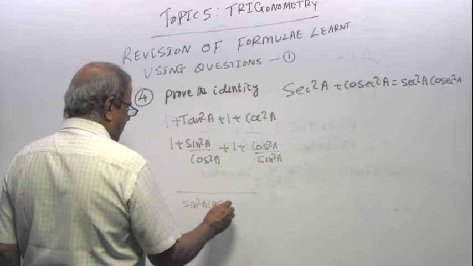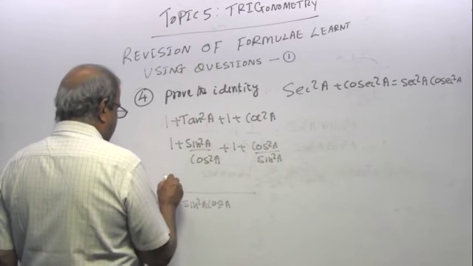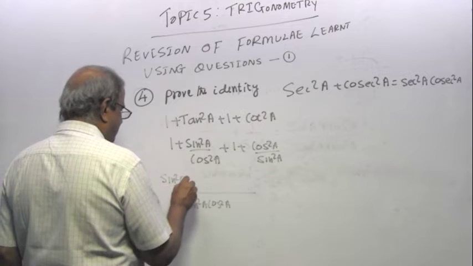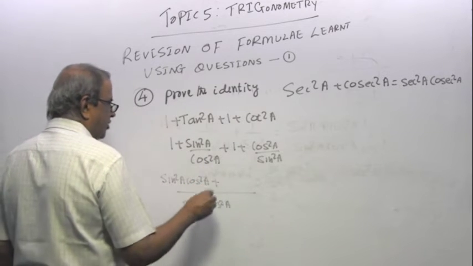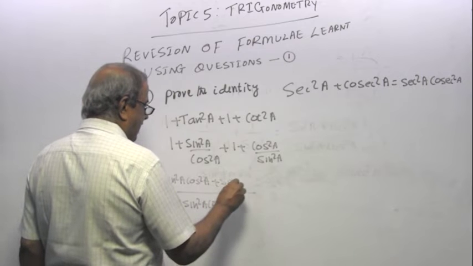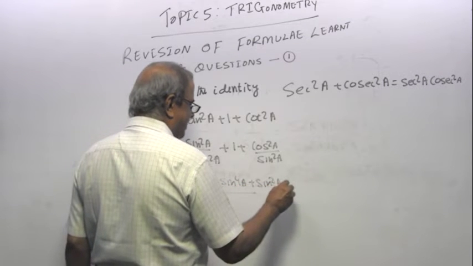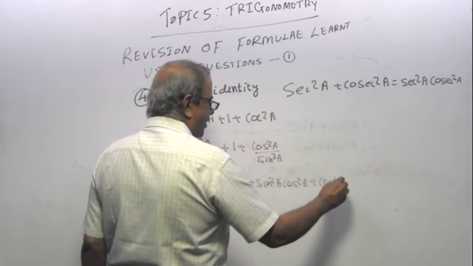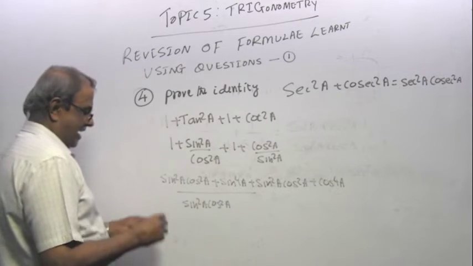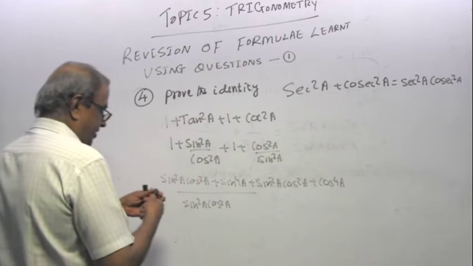I get sine squared A cos squared A, plus cos squared, and cos squared goes, sine power 4 A plus sine squared A cos squared A, plus cos power 4 A. Now, does that ring a bell? I hope it does.